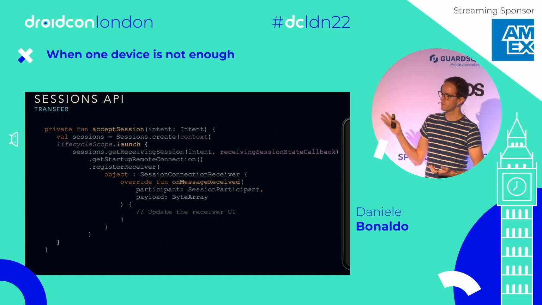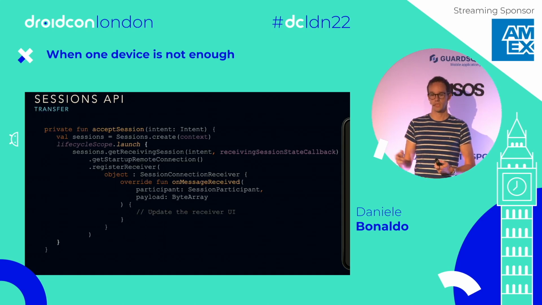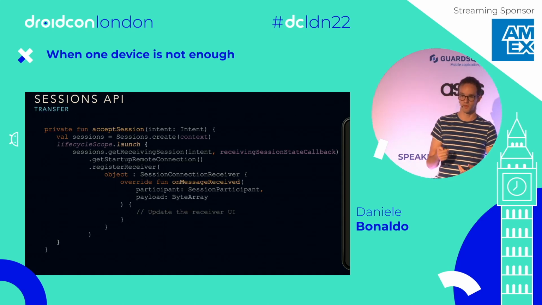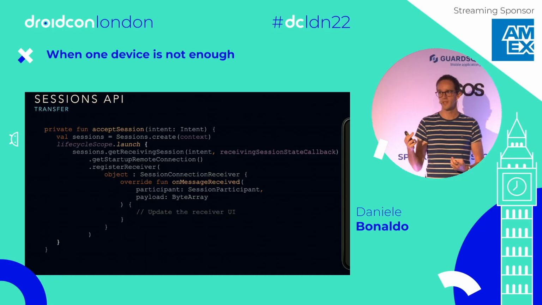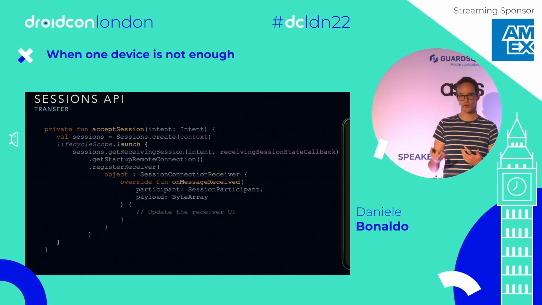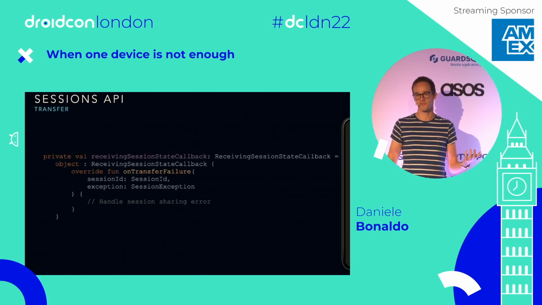This can be useful because maybe your session is big and you want to send that in multiple messages. So anyway, here you're going to have the ID of the first device. You have the actual callback, and you can restore the session given that payload. And of course, you're going to have a callback to understand when there is a failure to notify the user.